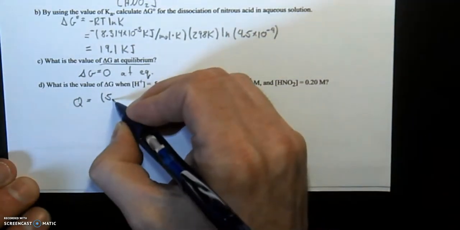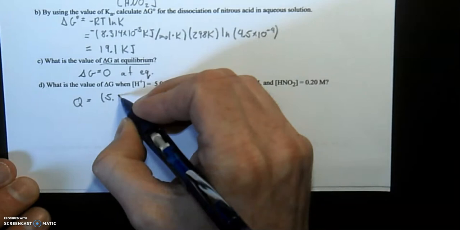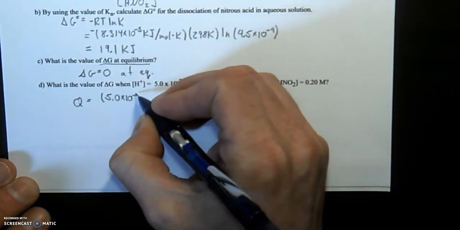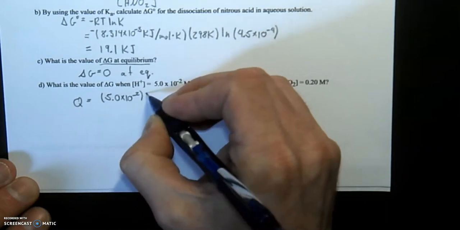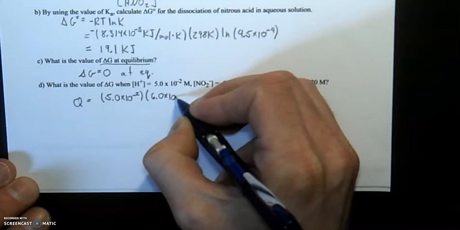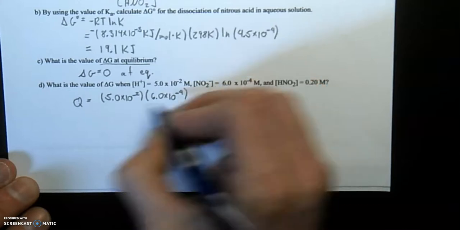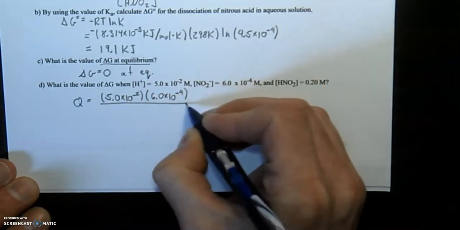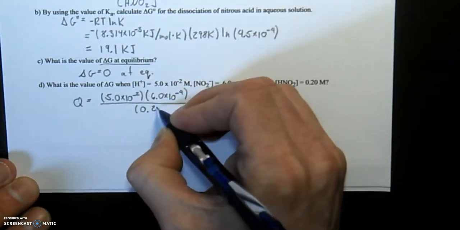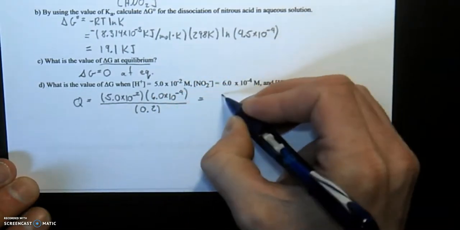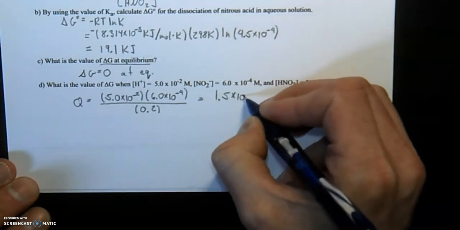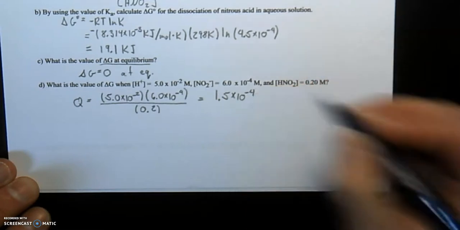I'll just go ahead and write these in. 5.0 it looks, times 10 to the negative 2. 6.0 times 10 to the negative 4. And based on the values that are given, over 0.2. And if we do all the calculations, this is 1.5 times 10 to the negative 4.